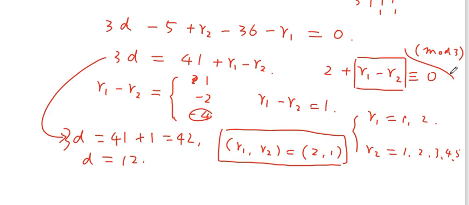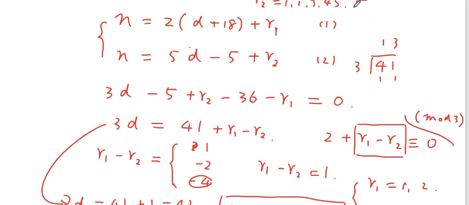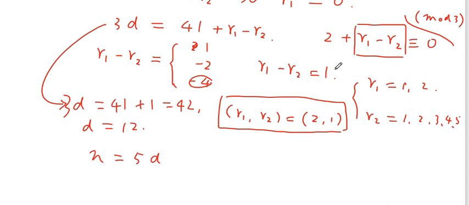So N equals 5D. Let's say N equals 5D minus 5 plus R2. So equals 5 times 12 minus 5 plus R2.